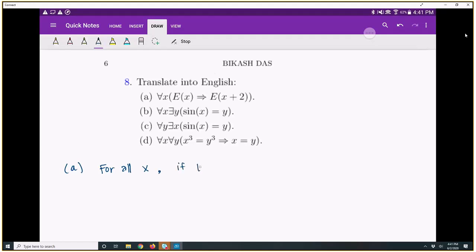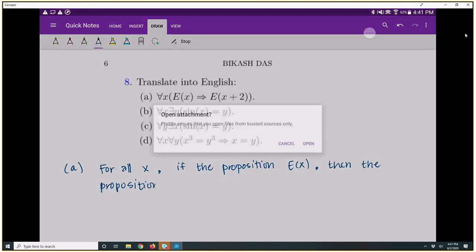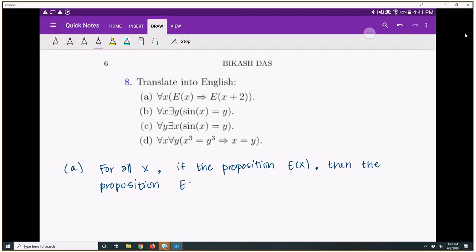So I'll say if the proposition E x, then the proposition E x plus 2. We weren't told what E is, so that's the best we can do.